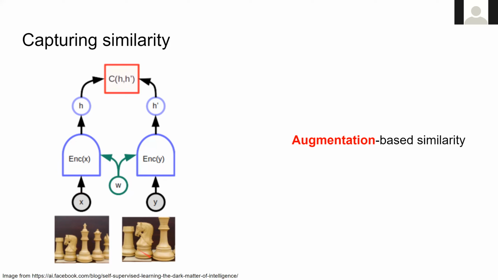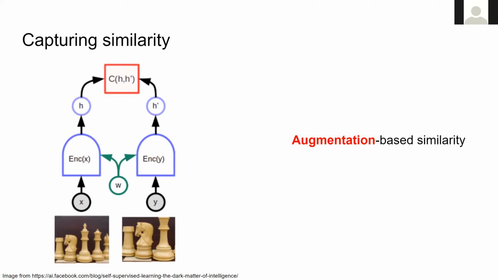Apply your neural network to both augmentations to obtain two embeddings. And then what you can do is that you can compare these embeddings. You can say these two embeddings should be similar to each other because the input images are similar to each other. And so this is kind of the most important aspect.